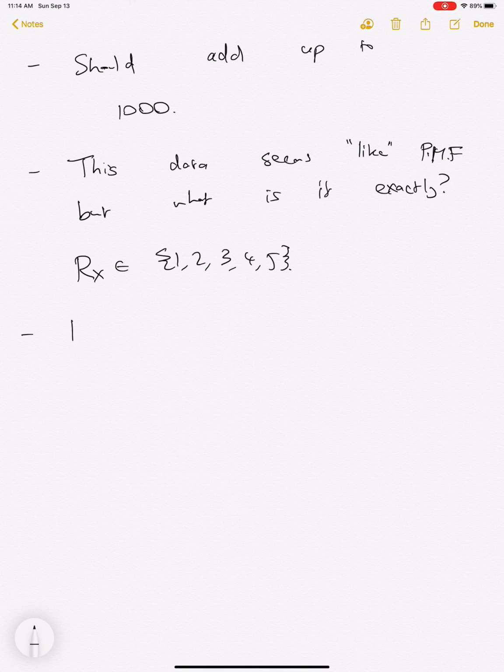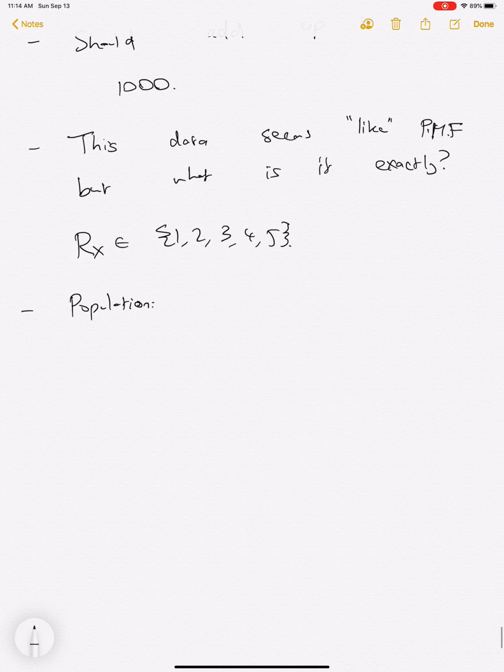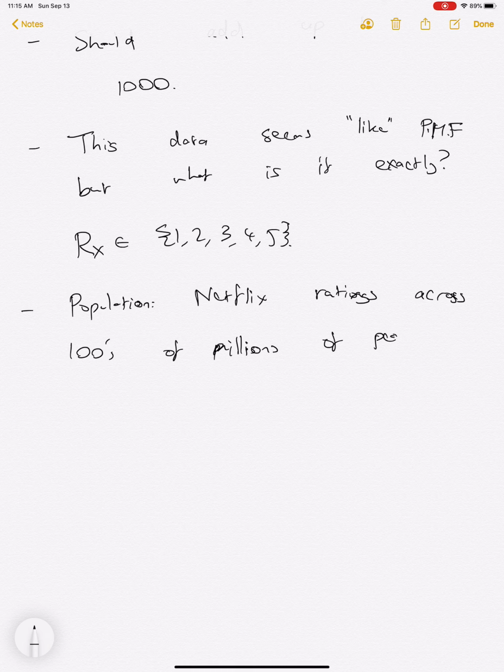So the population here is the Netflix ratings across, I would say, maybe hundreds of millions of people who use Netflix.